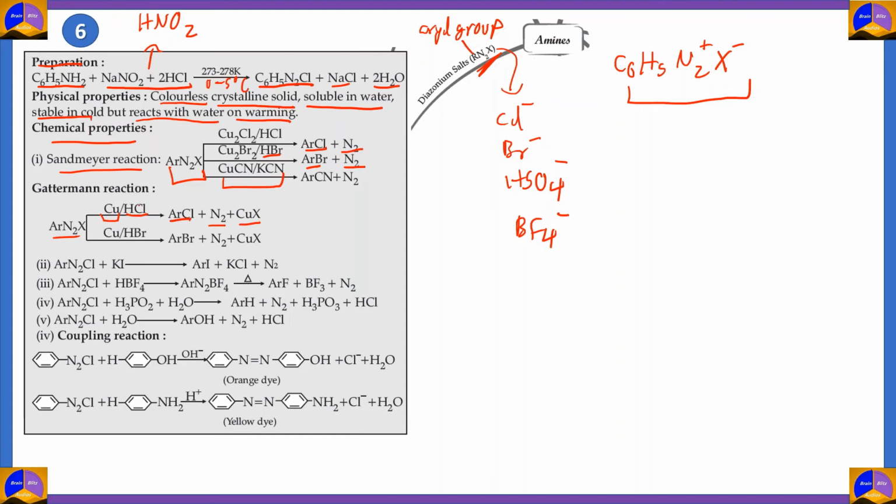If we reacted it with hydrochloric acid, we would get CuCl. And the same is true for hydrogen bromide. When we have copper with hydrogen bromide reacted with a diazonium salt, we get an aryl bromide and nitrogen along with CuBr.